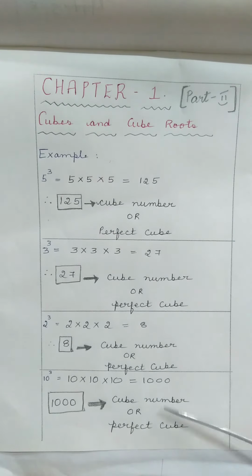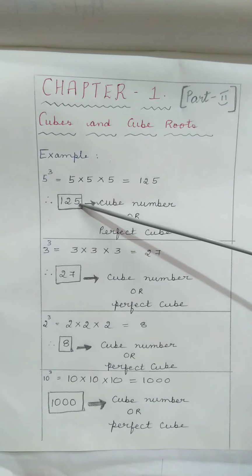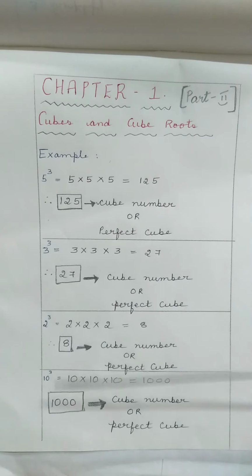So 1000 is a cube number or perfect cube. Therefore, from these examples, 125, 27, 8, 1000, these are the cube numbers or perfect cubes, and those are obtained when a number is multiplied by itself 3 times.